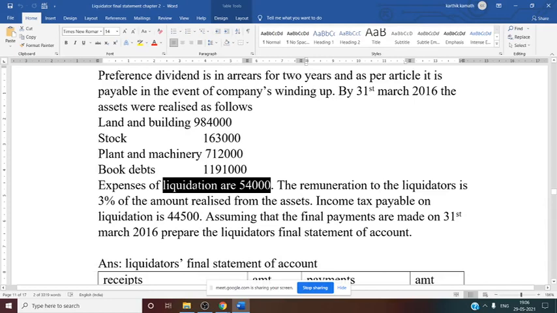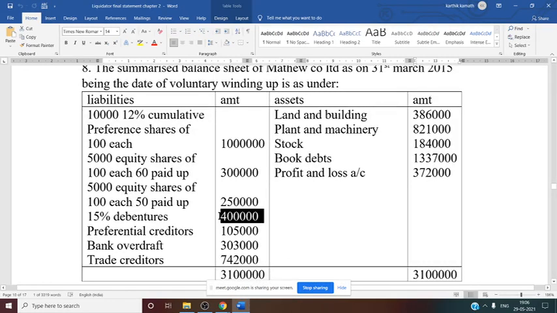Then debenture holders, now you have to consider one adjustment. See this, what is the value of debentures given in the question? On the liability side, debenture, especially 15% debenture, the value is 4 lakh rupees. When was this balance sheet prepared? At the end of the financial year 2015, 31st March 2015.